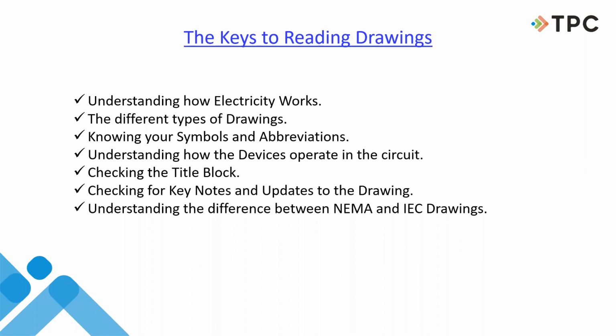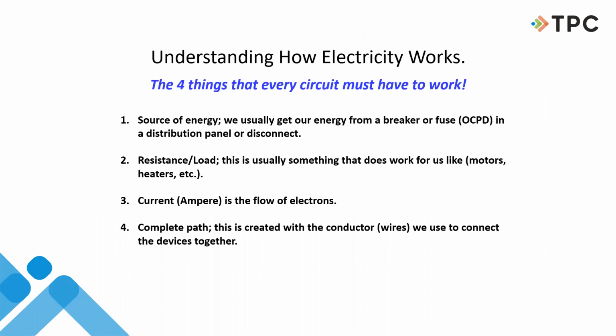And so sometimes it's hard for us to figure out, but we always have to follow that flow back to understanding how electricity works. We need to understand the flow and how the circuit operates, and that'll give us a much better understanding if we have that. So we're going to walk through some of this stuff.